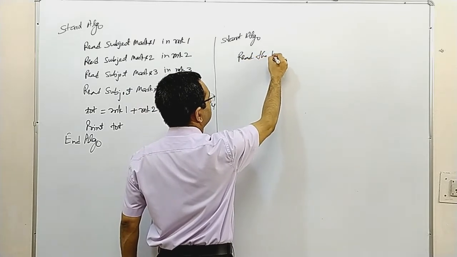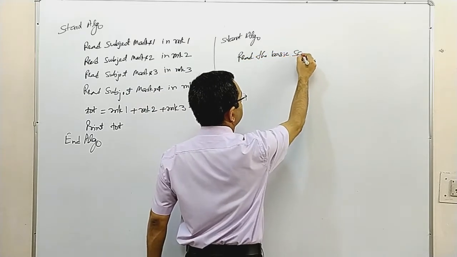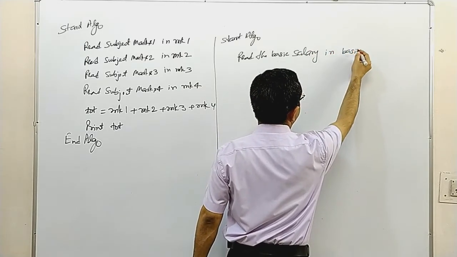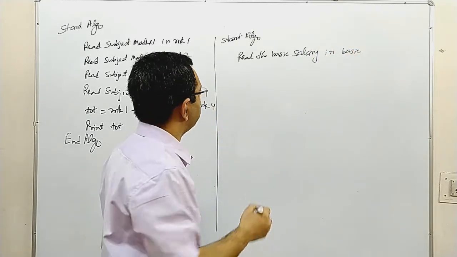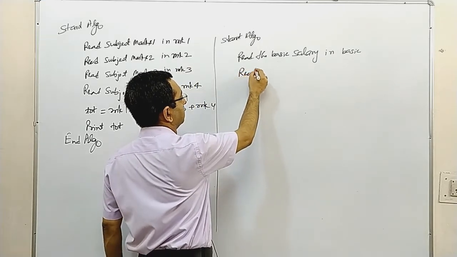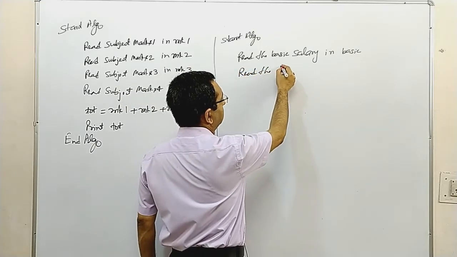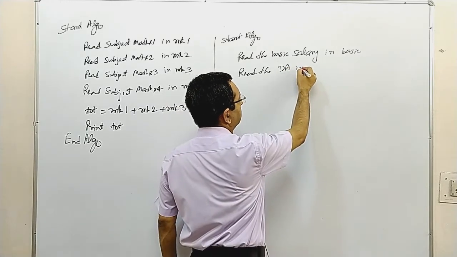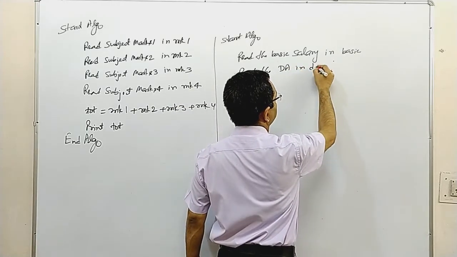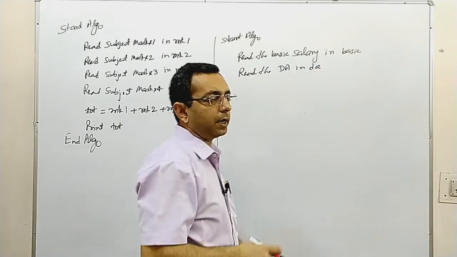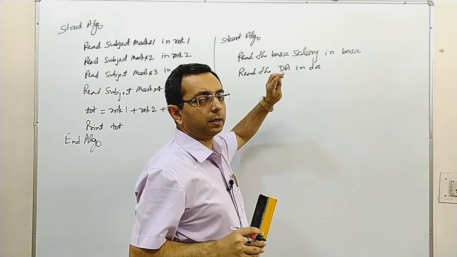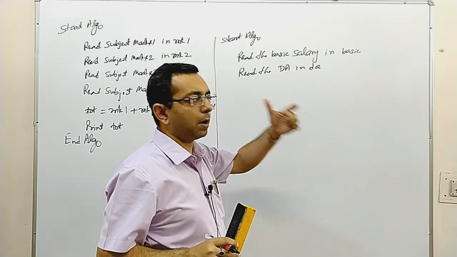Read the basic salary in basic. Suppose we have taken the variable name as basic, then read the DA, dearness allowance, in DA. And here we are assuming that we are not taking a percentage of DA, we are inputting the amount directly.